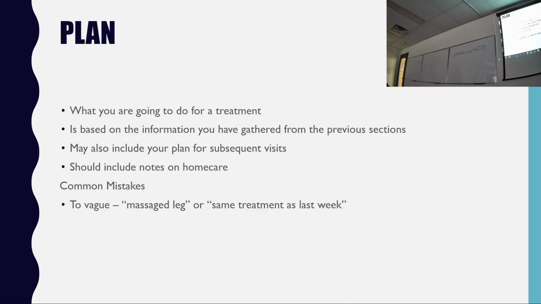Massaged back. What I would like to see is which muscles you massaged, which techniques did you use. Right now, unless you have any other advanced training, this is simple. Perform effleurage and petrissage on the erectors of the back, the quadratus lumborum, the upper trapezius, the posterior shoulder muscles. That's it.